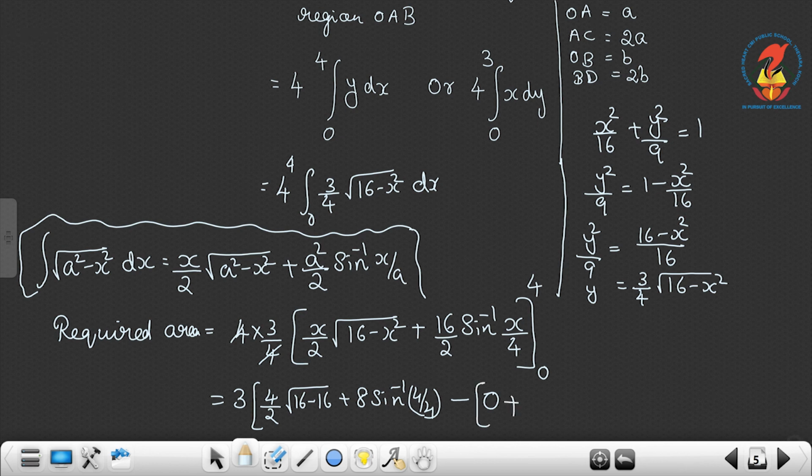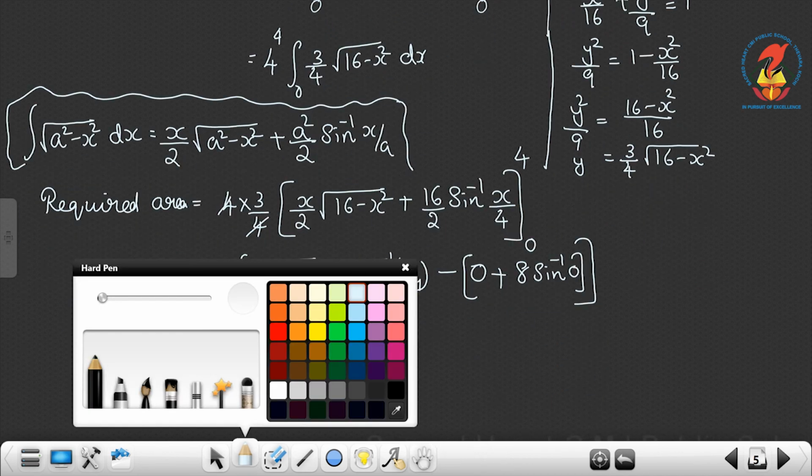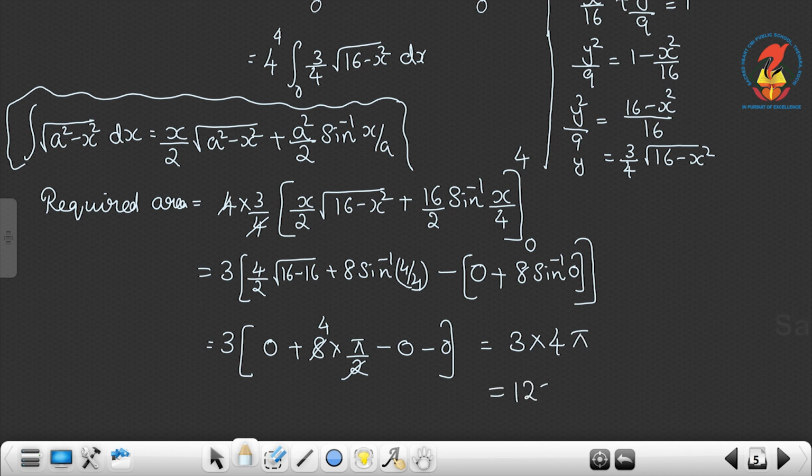Then plus 16 by 2, 8 sine inverse 0. So 3 into, the first term is 0, 8 into sine inverse 1. Sine value is 1 at pi by 2. Then minus 0, since sine inverse 0 is 0. So we have 3 into 4 pi, that is equal to 12 pi.